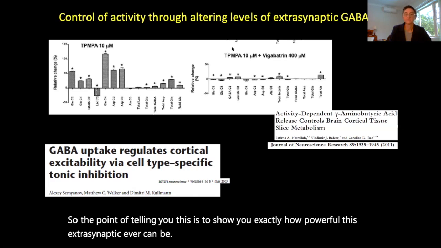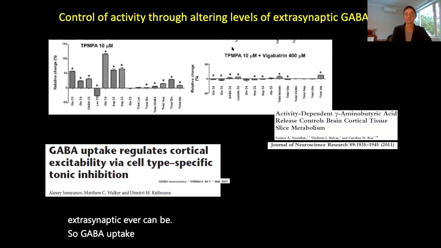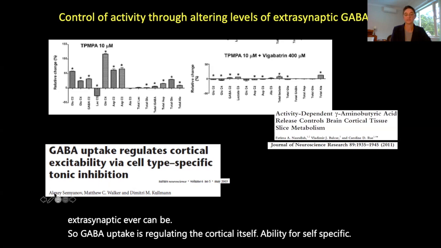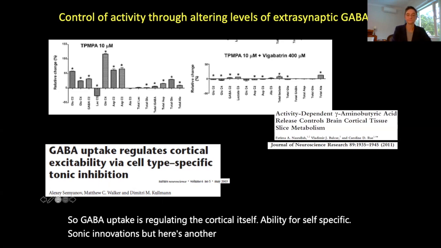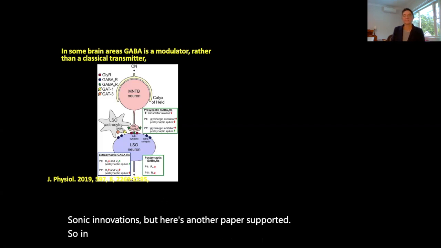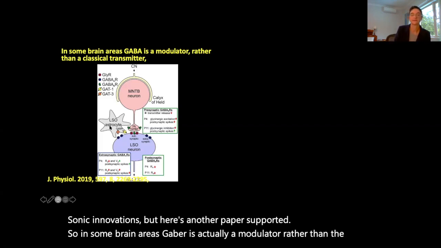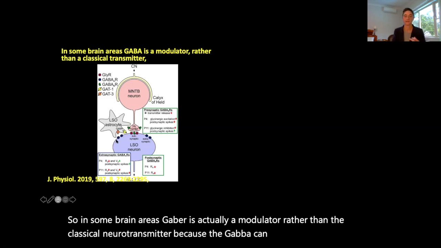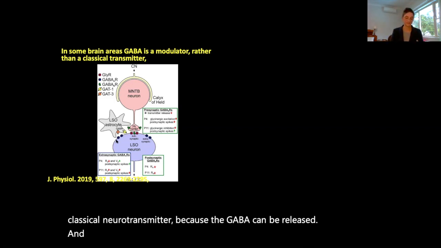So GABA uptake is regulating the cortical excitability via cell-specific tonic inhibition. So here's another paper supporting this. In some brain areas, GABA is actually a modulator rather than a classical neurotransmitter, because the GABA can be released and it can then turn off the activity of other neurotransmitters.